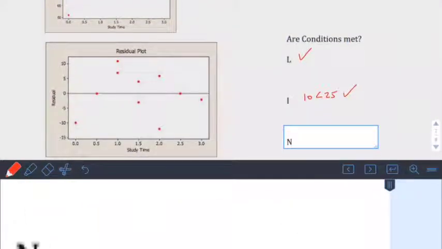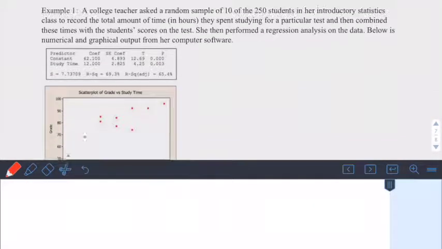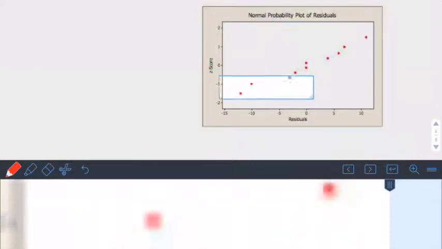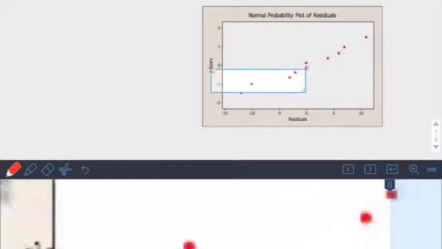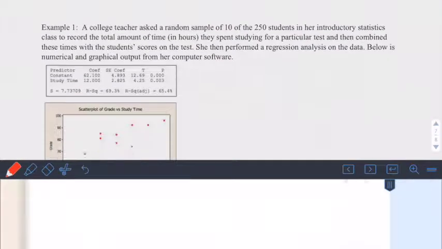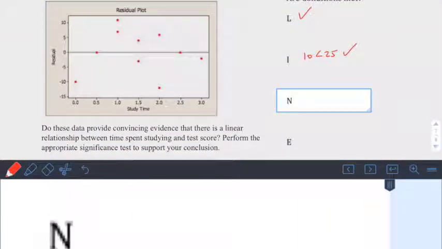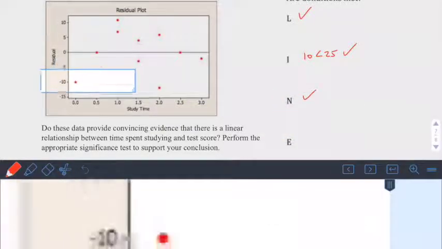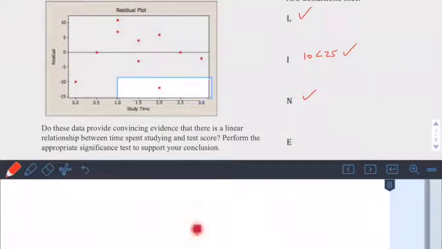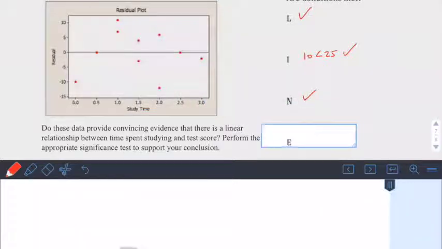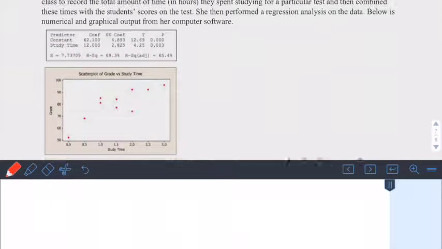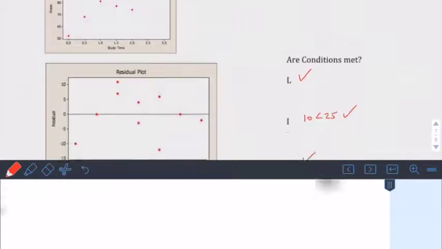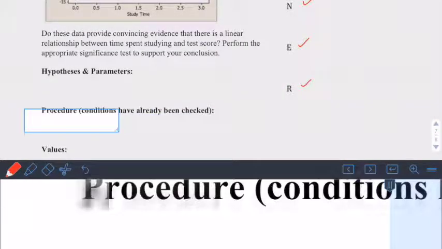We want normal residuals. These got kind of mixed up, but that's okay. It looks like our normal probability plot looks linear, so we have normal distribution of residuals, which is good. There's not really any fanning in or out. Everything looks like there's an equal variance, so that's good. And then we know that there is a random sample, I believe it said. Yep, random sample. So now we can do the procedure.